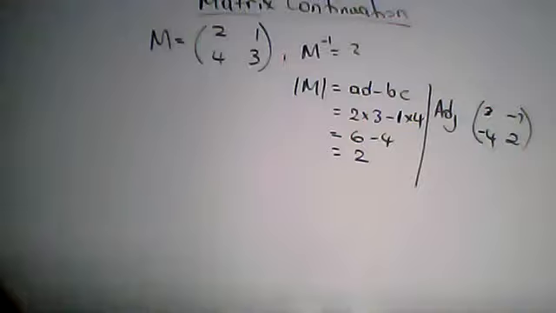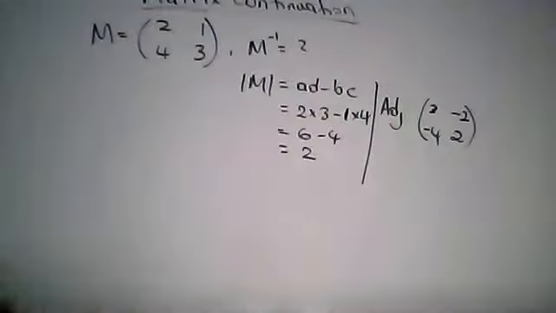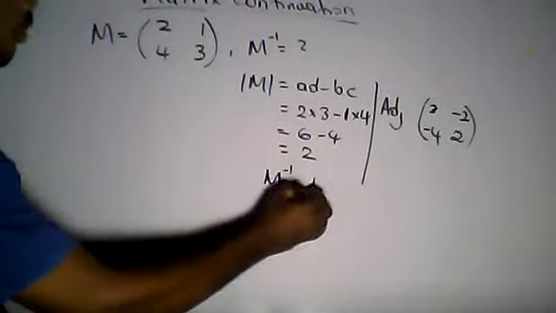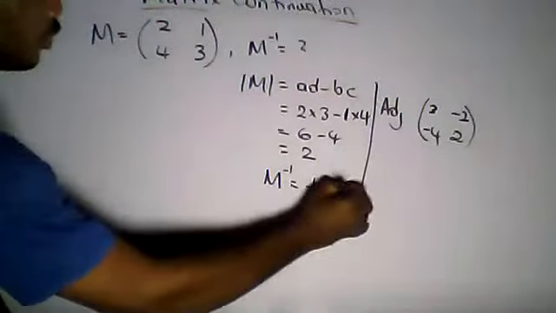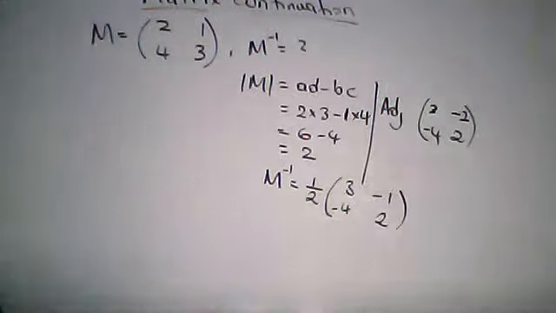So M inverse is equal to 1 over 2 times 3, minus 1, minus 4 and 2.